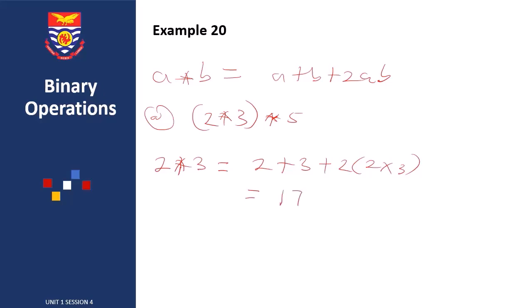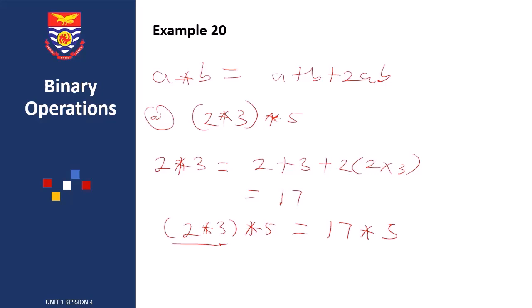Therefore 2 operation 3 operation 5 is now 17 operation 5.